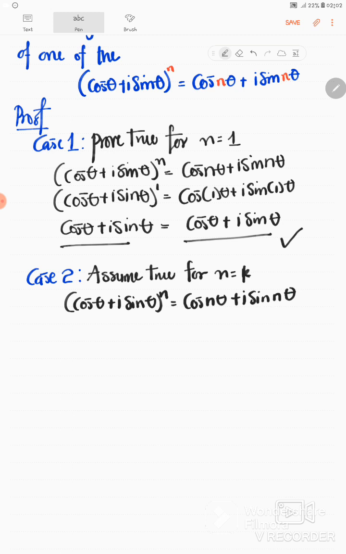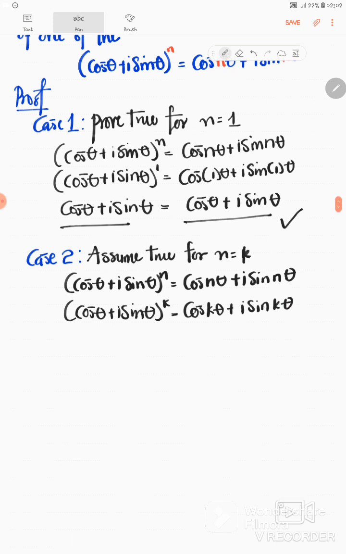Now let's start by saying (cos theta plus i sin theta) raised to power k equals cos k theta plus i sin k theta.